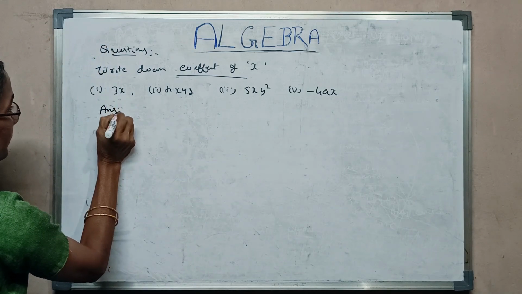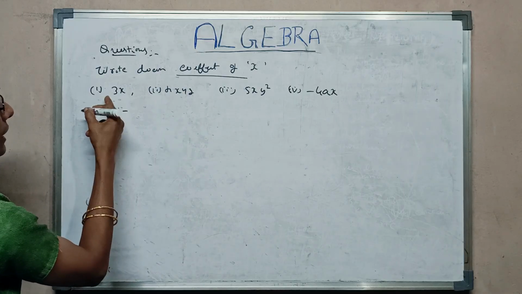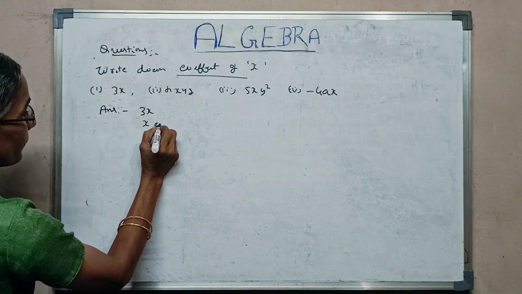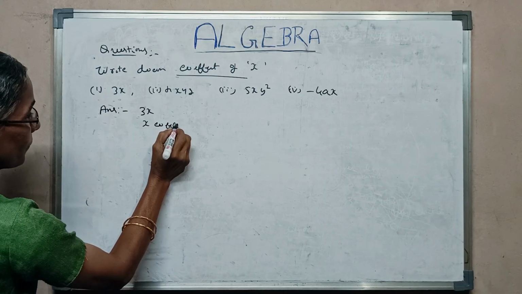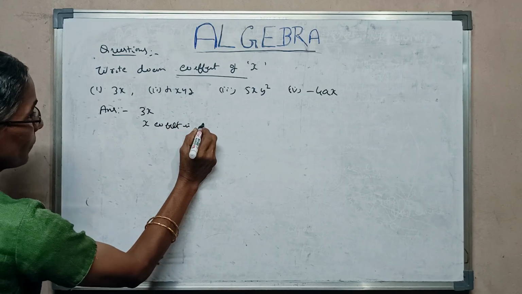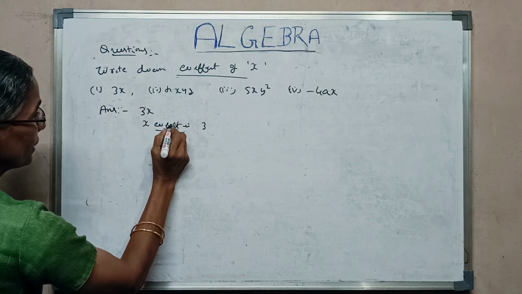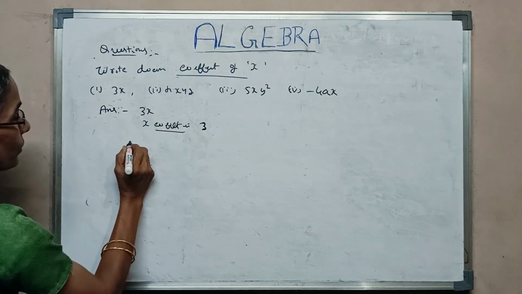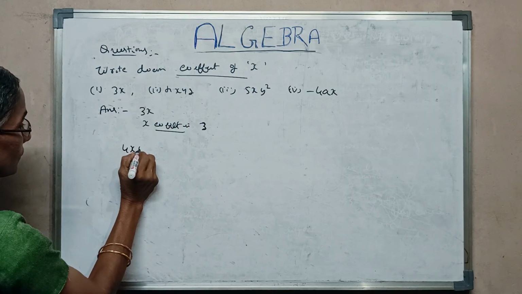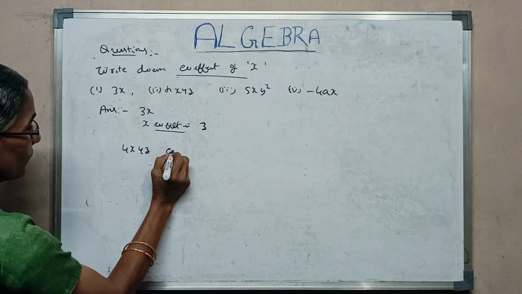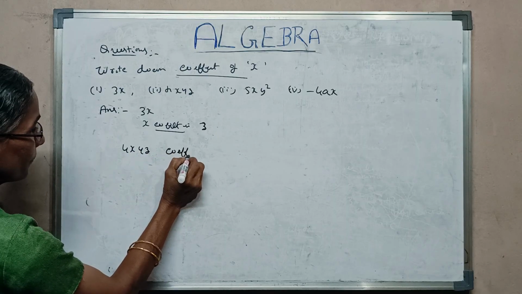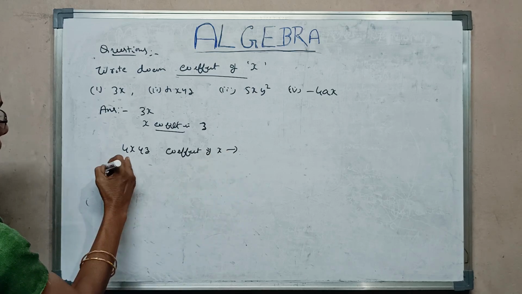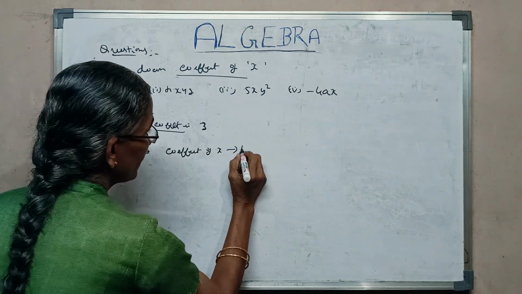Answer: first question, 3x, the x coefficient is 3. In 4xyz, the coefficient of x is 4yz, the remaining terms.